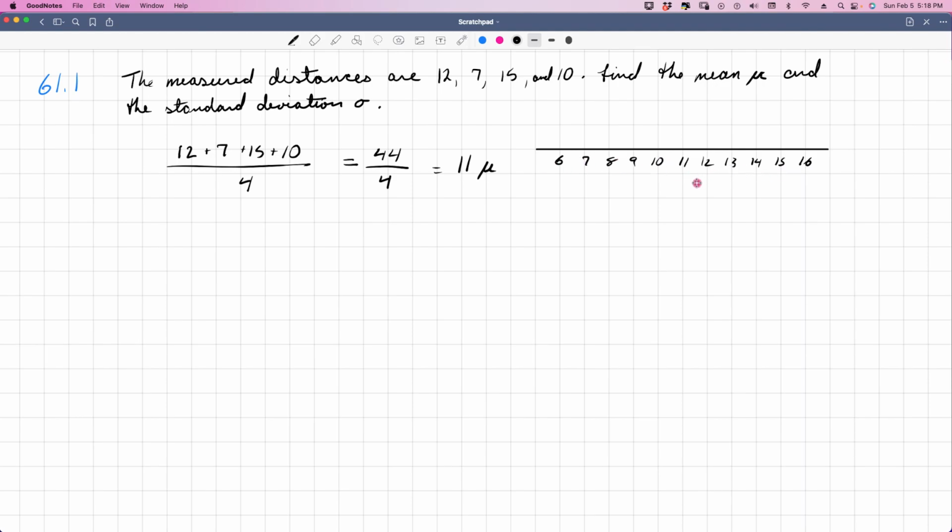All right, that covers the range of numbers that we have. So we had 12, 7, 15, and 10. And our mean is 11.